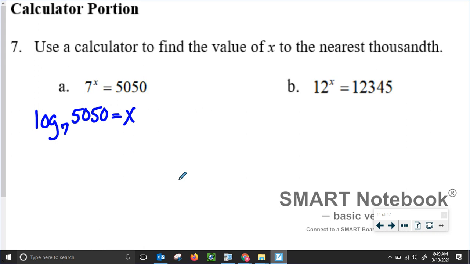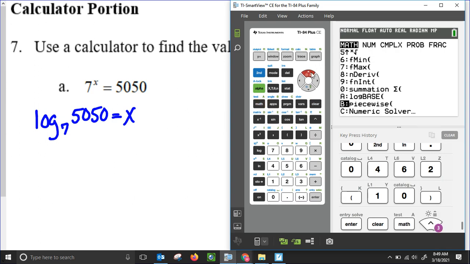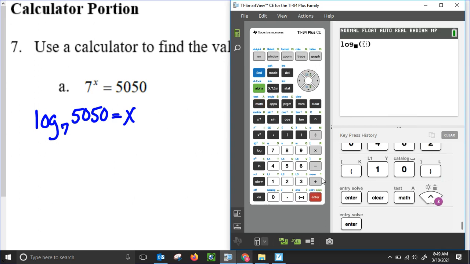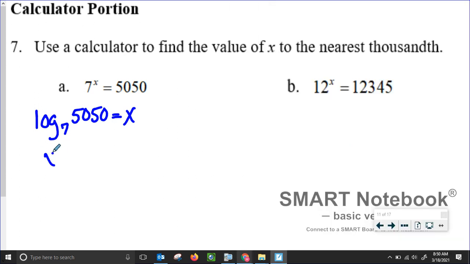Now we have to use our calculator for this part. You can use the change of base, or you can use the log base command. So we do log base 7 of 50/50, and we get x is equal to 4.382.